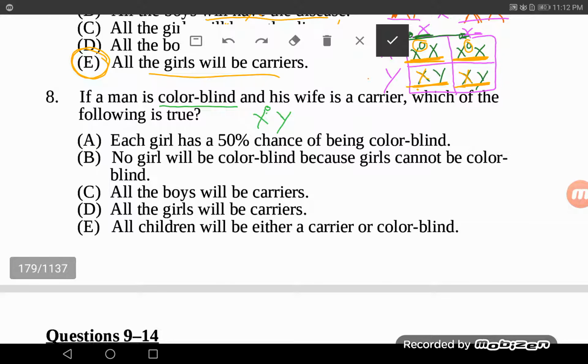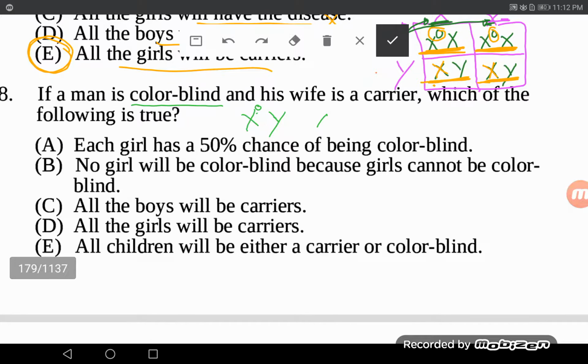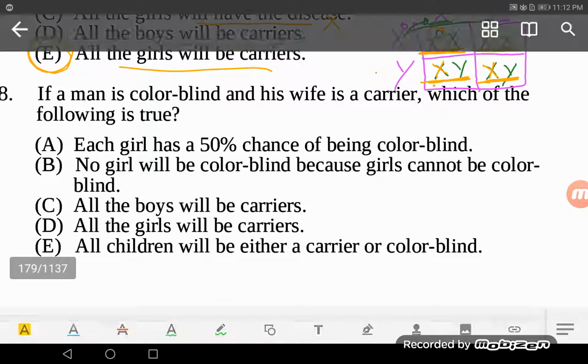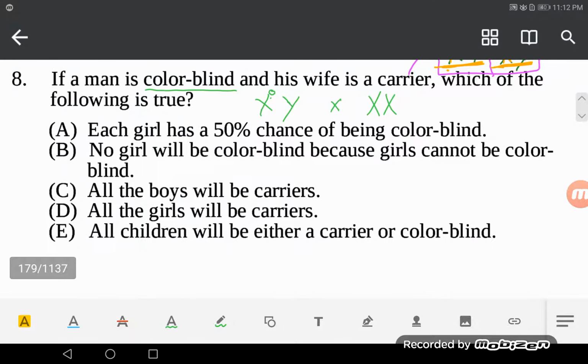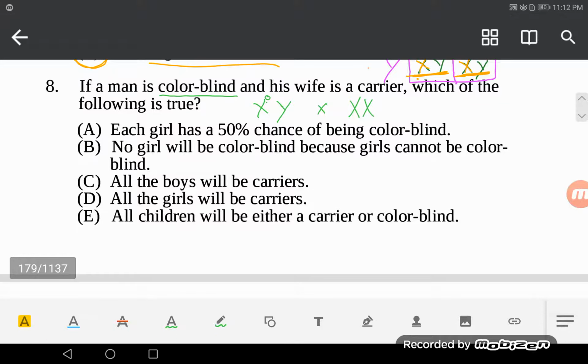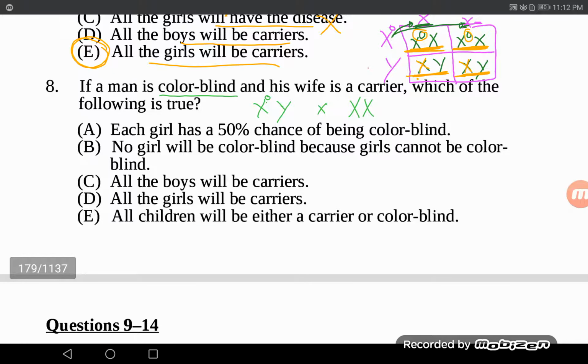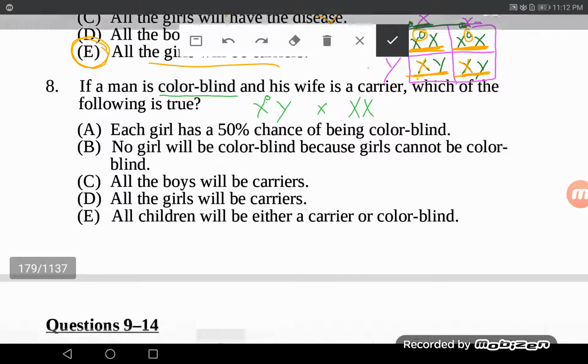Okay, and his wife is a carrier, so we will cross with her. She is a female carrying one of the X chromosomes. Sorry, one of the X chromosomes has that allele.